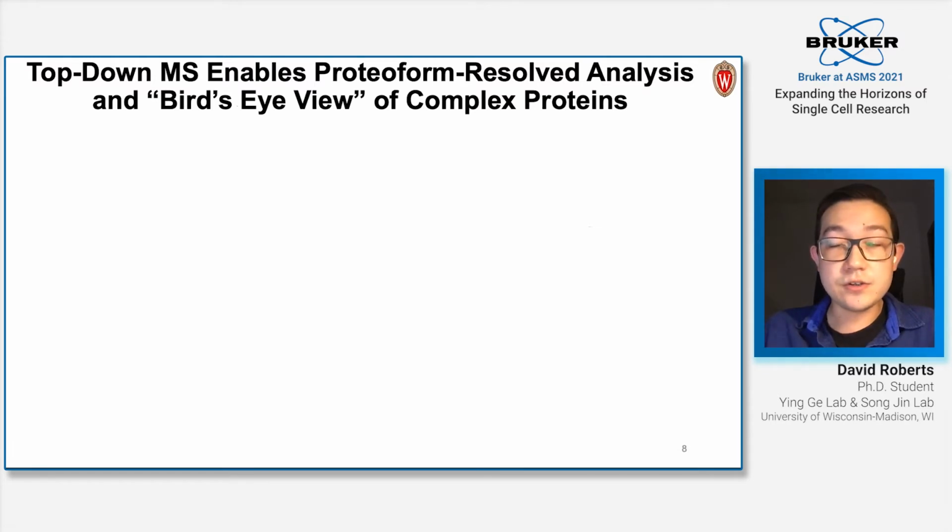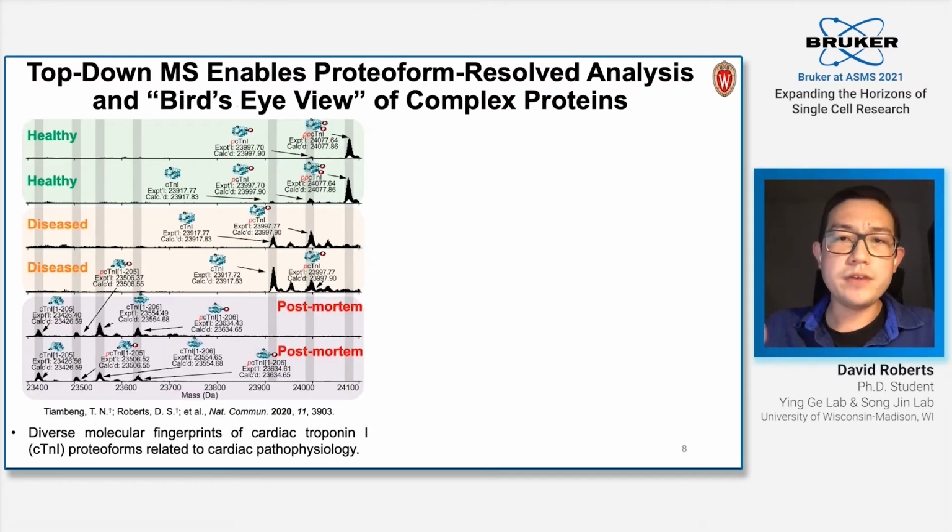and their various modifications. So recently, we've developed a top-down proteomics platform that is capable of providing high-resolution proteoform-resolved molecular fingerprints of a cardiac biomarker, cardiac troponin I, a gold standard biomarker used in the clinic.